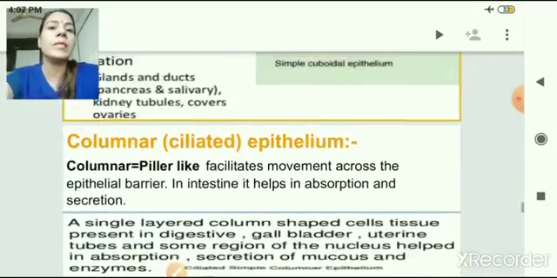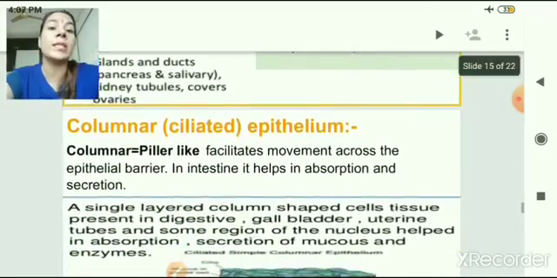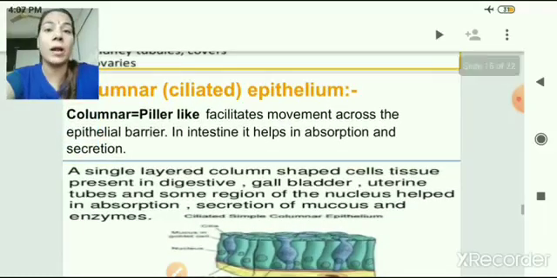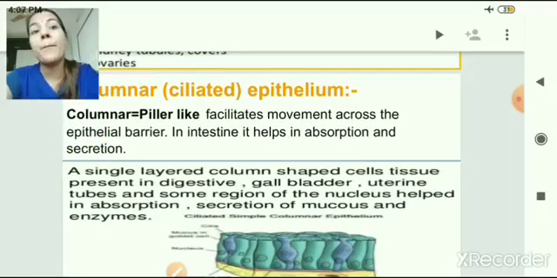Now we will study about columnar ciliated epithelium. Here also its name suggests columnar means column-like, a pillar-like structure. This particular kind of epithelial cell facilitates the movement across the epithelial barrier. In the intestine, it helps in absorption and secretion of various glands.